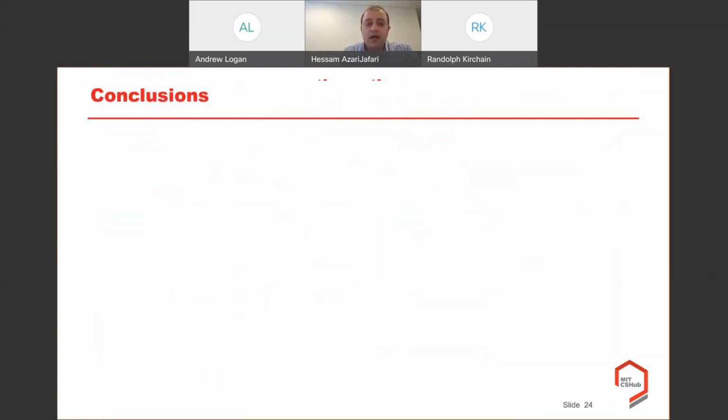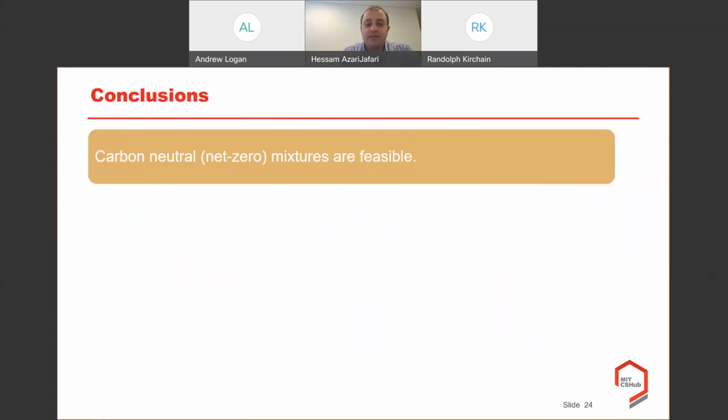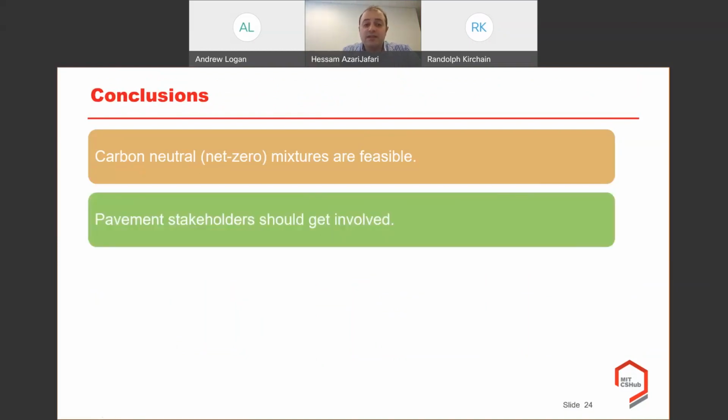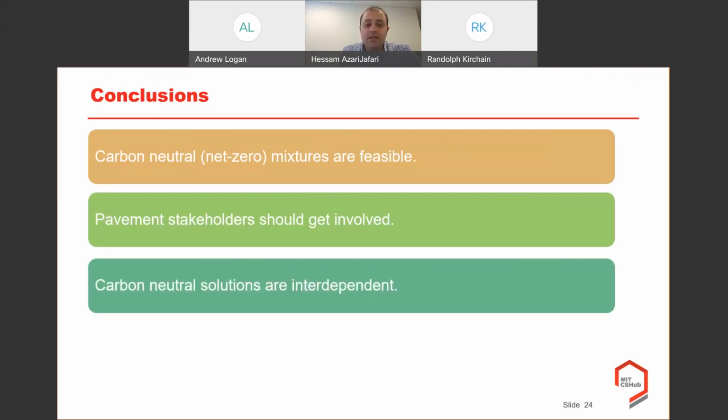With that, I would like to again repeat the same key messages that we have. Carbon neutral mixtures are feasible in the future, but we definitely need to sit together with different pavement stakeholders at different levels to get them involved in the decision-making process and find the best solutions for each authority. And carbon neutral solutions are interdependent.